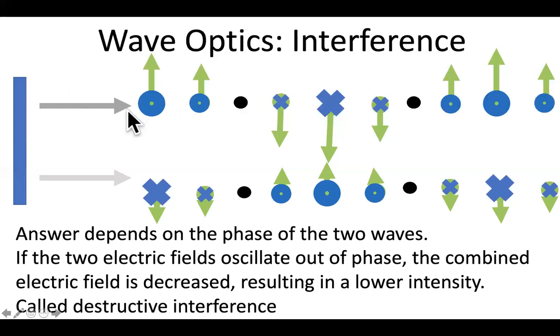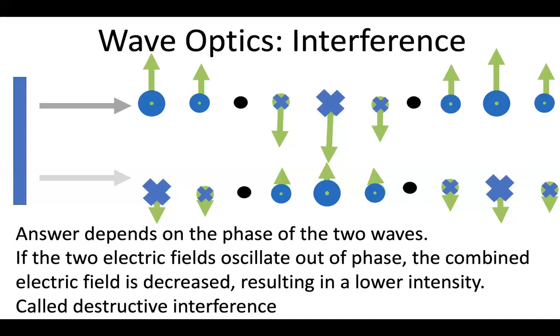So in this case, having both of these waves on top of each other reduces the intensity. This is what is called destructive interference. It's where two electric fields of two different waves start to cancel each other out. So both are a possibility. Which one happens?